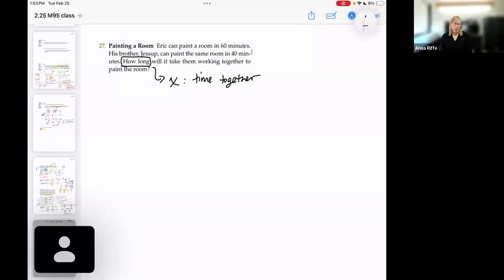If we want to set up a work equation, we set it up as their time working together over Eric's time working alone, plus their time working together over Jessup's time alone. That should be equal to the entire job, which is one job, painting one room.